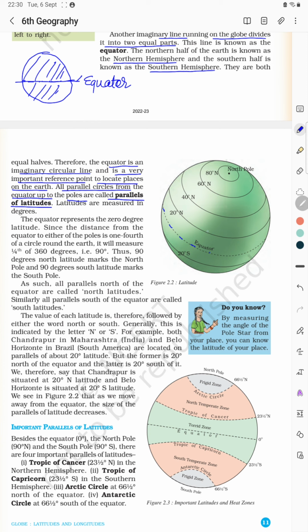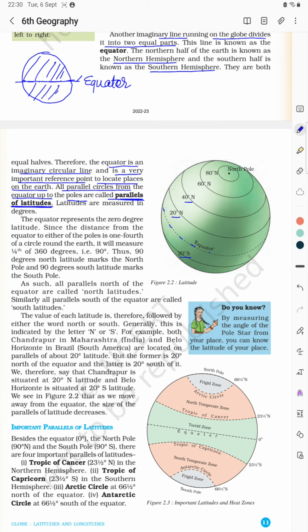If you can see in this figure, this is the 20-degree circle, this is the 40-degree circle, this is 60 degrees, this is 80 degrees. Similarly, in the southern hemisphere we have 20 degrees south, 40 degrees south, 60, 80 and then 90. These are also imaginary lines and are called parallels of latitude.